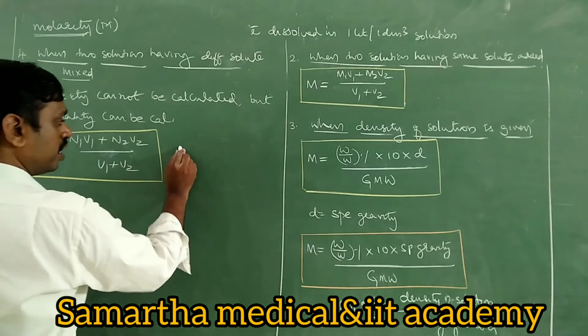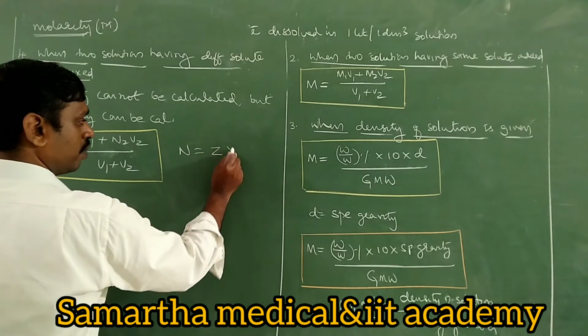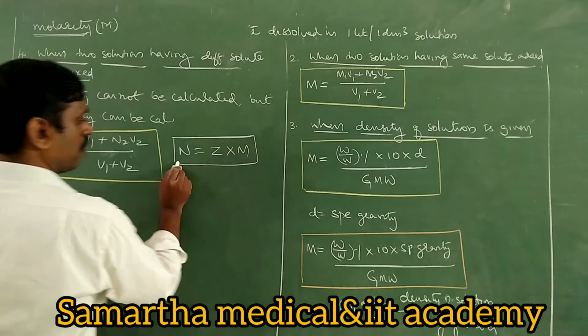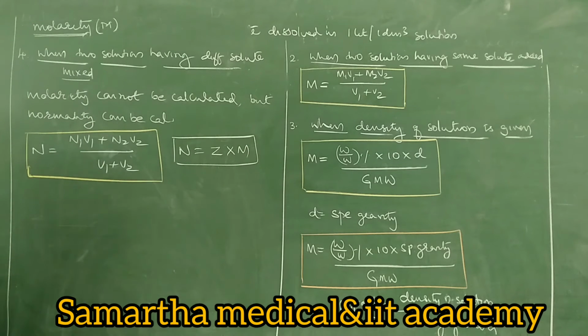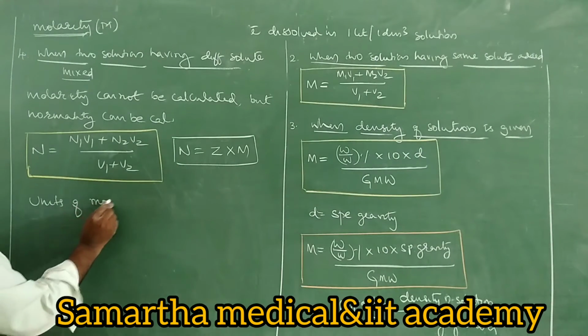Once you calculate normality, there is a relation between normality and molarity: N equals Z into M. Next, can you tell me the unit of molarity?